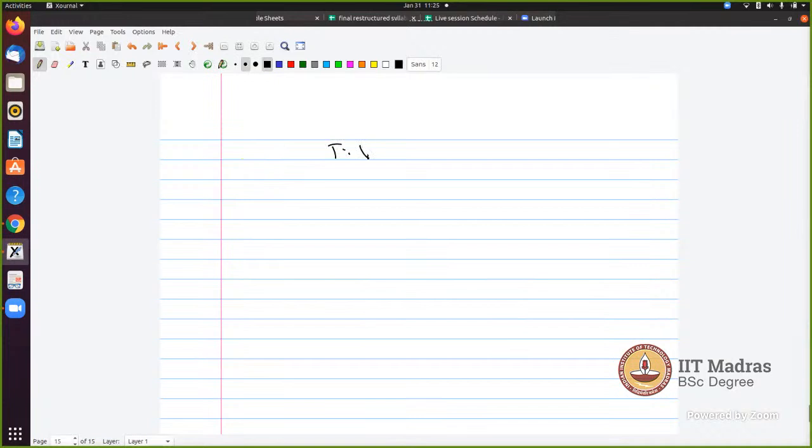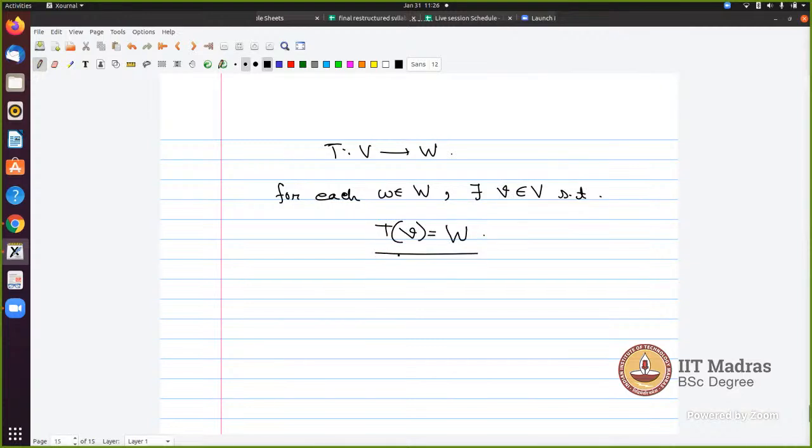Over here, every element of the codomain W should have some element of V mapping to it, so every output element will be there in the range. Exactly. For each w in W, there exists v in V such that T(v) equals w. This is the basic definition. Then T is surjective.